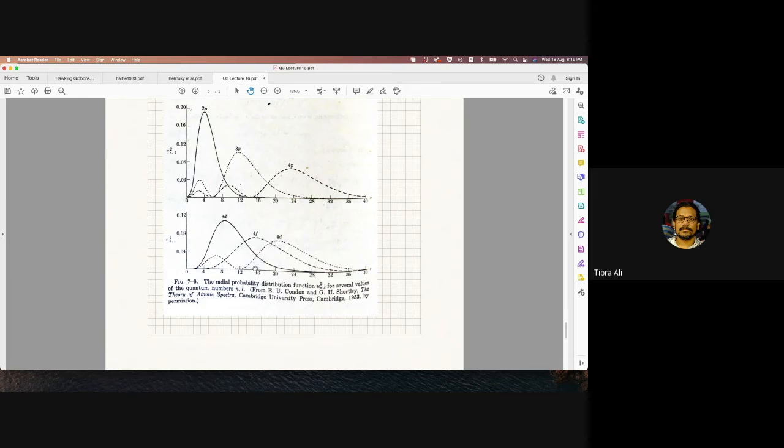But it's interesting to see that in the third excited state, the electron can sometimes come very near the nucleus. It doesn't always have to be further away than in the second energy state. It can sometimes go even closer, as close as the second excited state. This is very, very interesting. And then similarly the fourth.